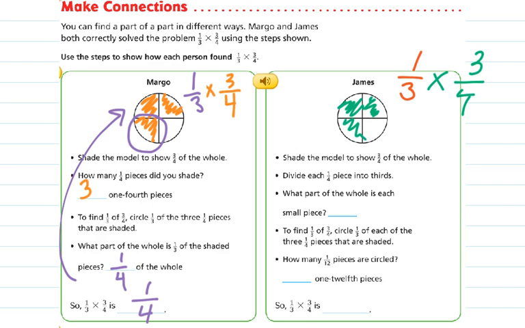So when we look at each of these pieces, we're going to break it up into 3 pieces. So that's 1, 2, 3 there. Each of these pieces that used to be the size of a 1/4 is broken down into thirds.